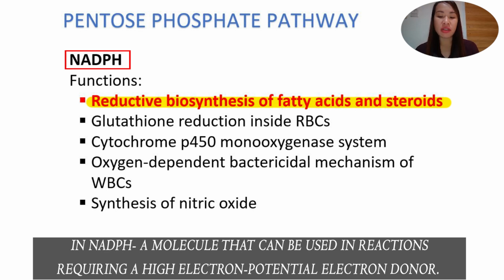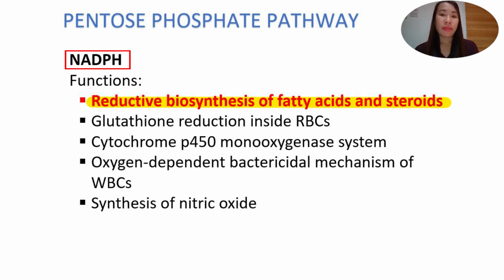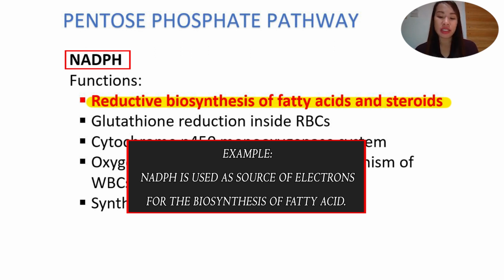And this molecule can be used in reactions requiring a high electron potential electron donor. For example, NADPH is used as a source of electrons for the biosynthesis of fatty acids. So, reductive biosynthesis is required for us to be able to synthesize fatty acids in our body.